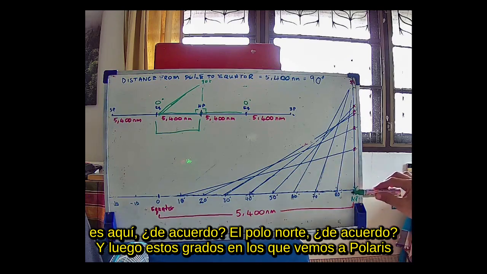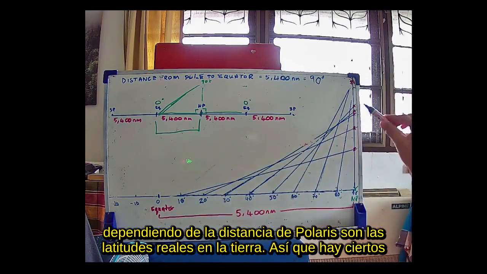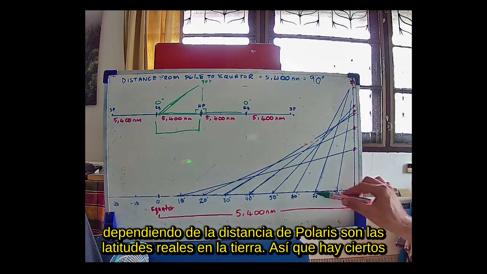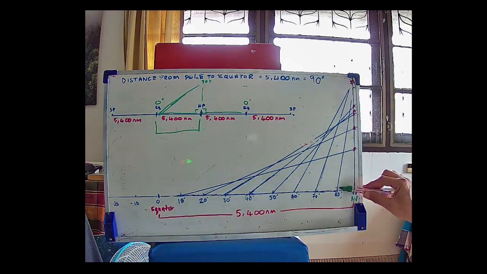And then these degrees that we see Polaris at, depending on the distance from Polaris, are the actual latitudes on the Earth. So there's certain countries at 80 degrees latitude, and that's because to line up with Polaris is an 80-degree angle.